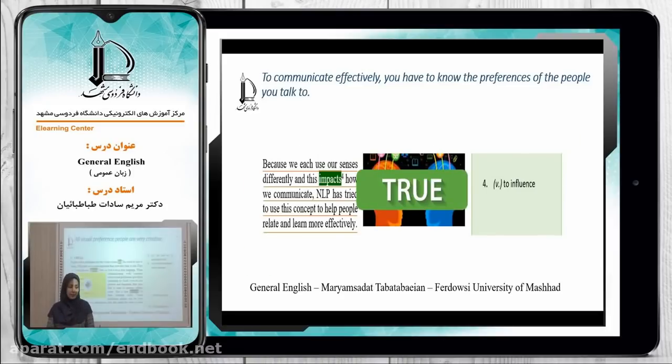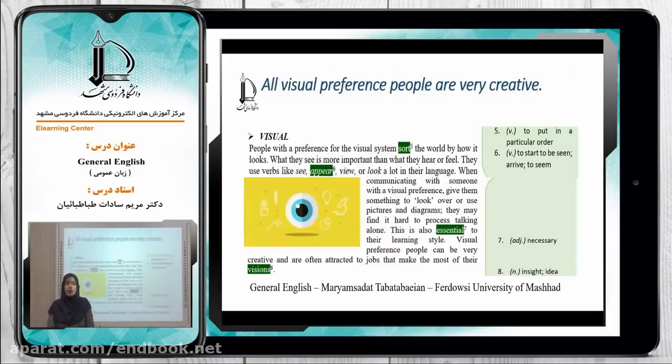Next sentence. It says all visual preference people are very creative. Are they? Let's look at the part about visual people. Look at this sentence. It says they can be very creative. So, are they all creative, or maybe some of them?